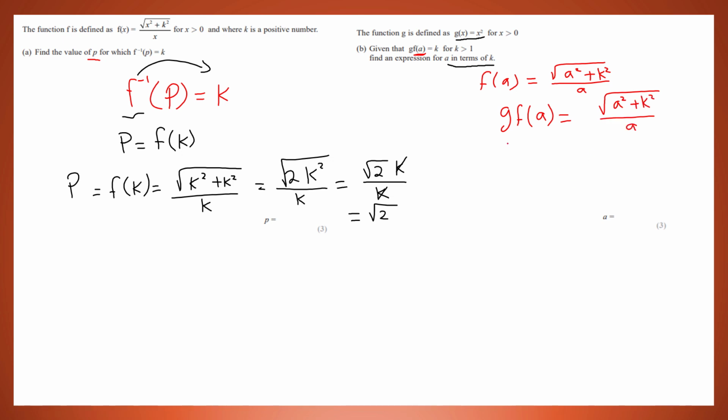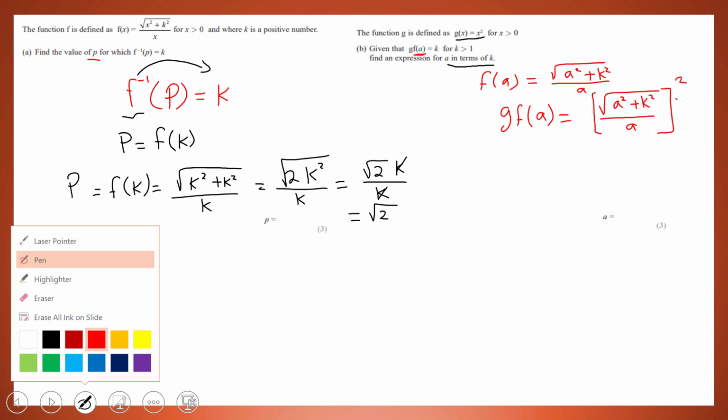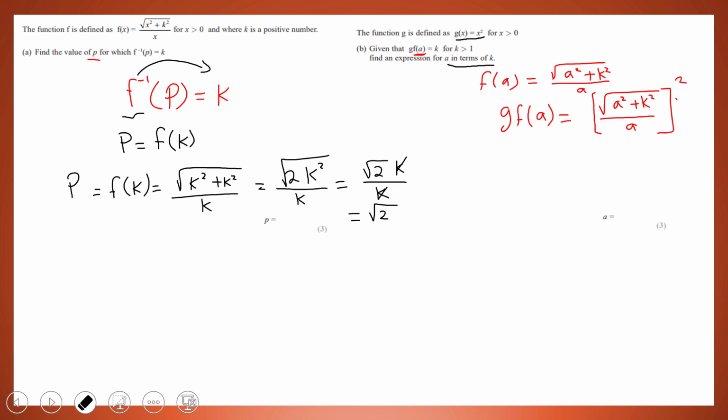So g was x squared, so you will just do squaring for this bracket. To do the square, you need to take care about something that's very important. You will square the numerator and the denominator as well. So it will be like this, the square of a squared plus k squared, and then the denominator squared.